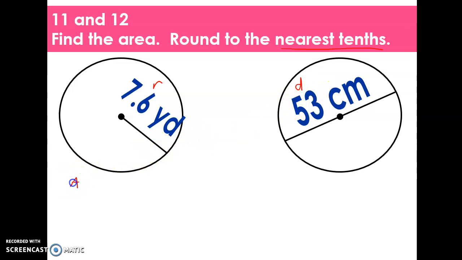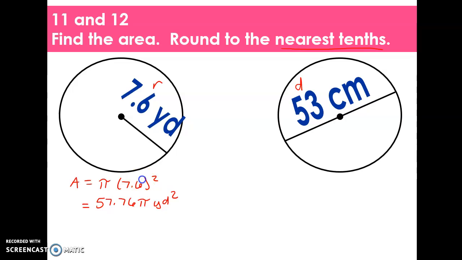So my area equals pi times 7.6 squared. I'll put this in the calculator, and we would get 57.76 pi yards squared.